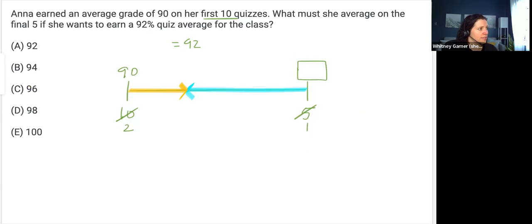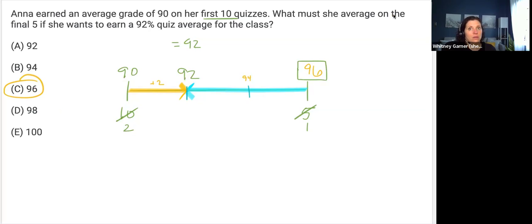So if this piece is just the 1 unit, this is where the 92 would live. If 1 unit represents 2 points from 90 to 92, then this would be 94, and this will be 96. Count them up. And so I can get to that end of my average pretty easily.